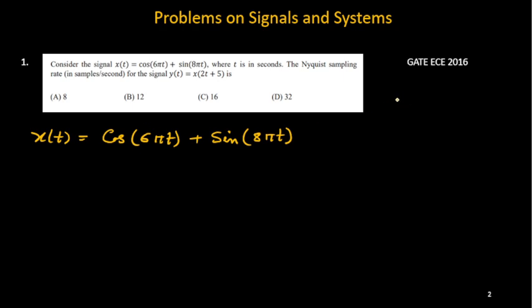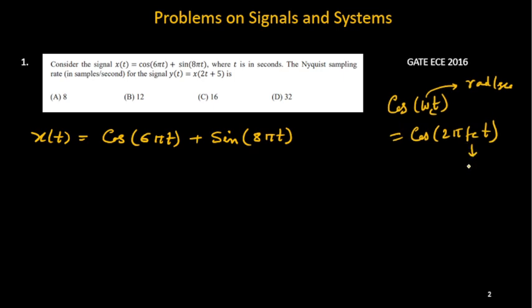So cos omega t, we can write omega c as 2 pi fc. Here omega c is in radians per second, the angular frequency, and fc is the linear frequency in hertz.